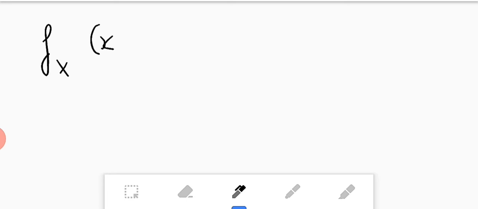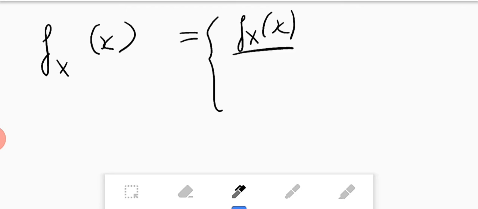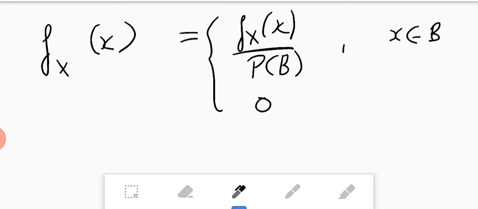I am leaving a bit of space so I can edit it right there itself. X divided by P of B, and your x belonging to B, 0 otherwise. This was your single random variable case, the conditional PDF with respect to the joint PDF.